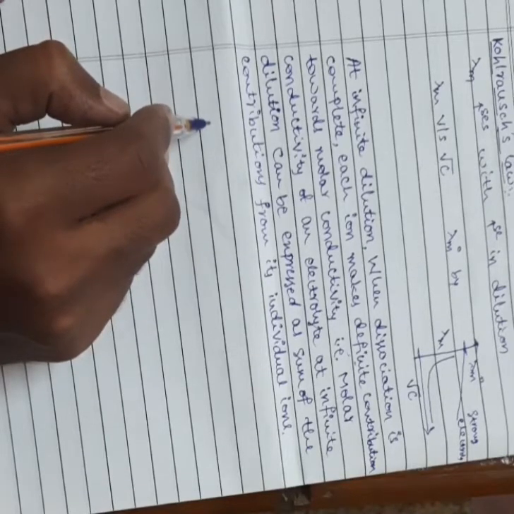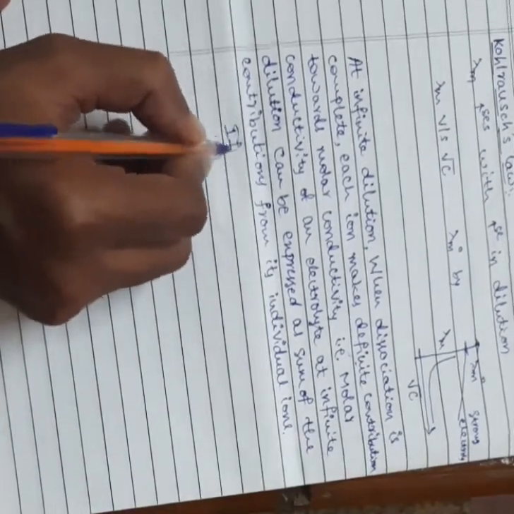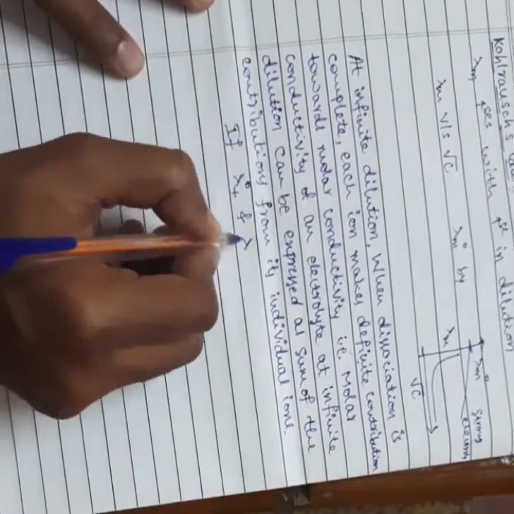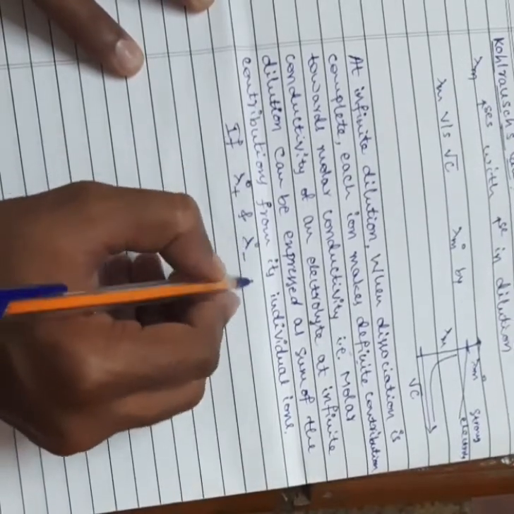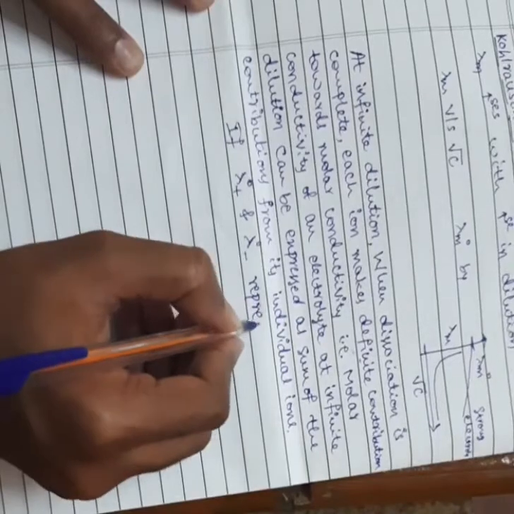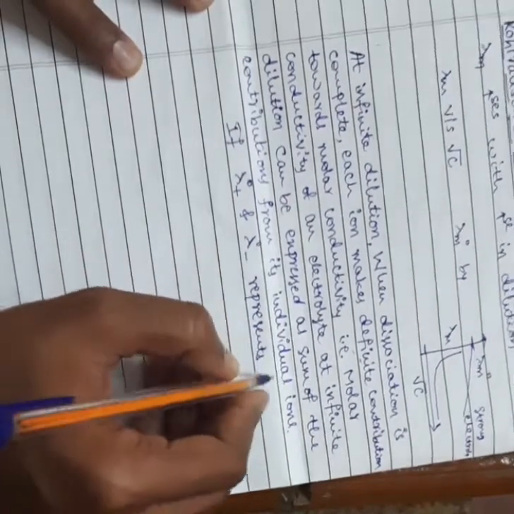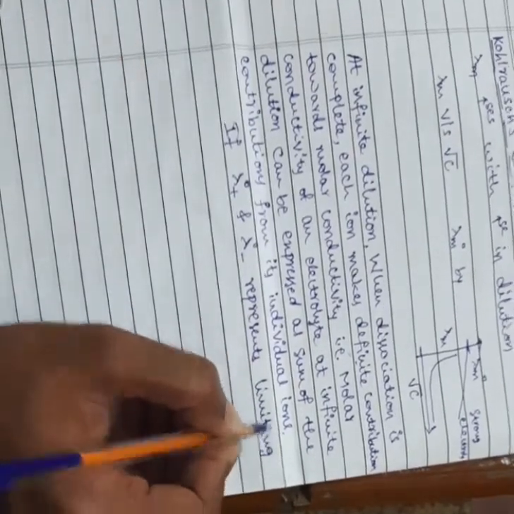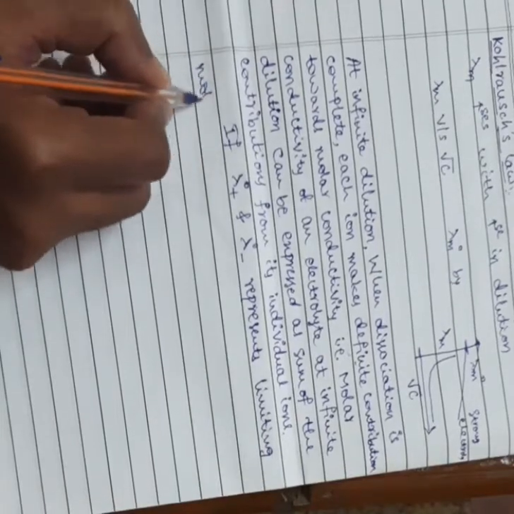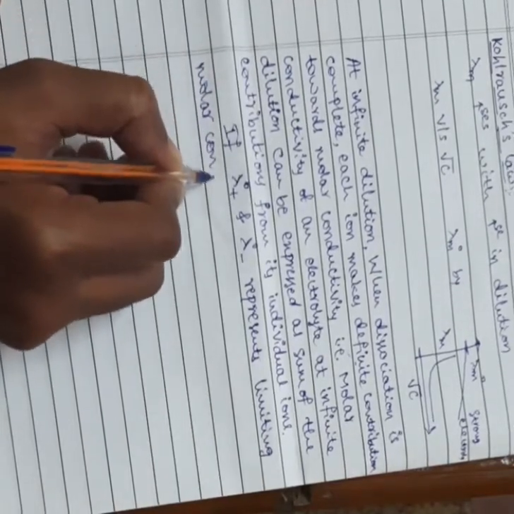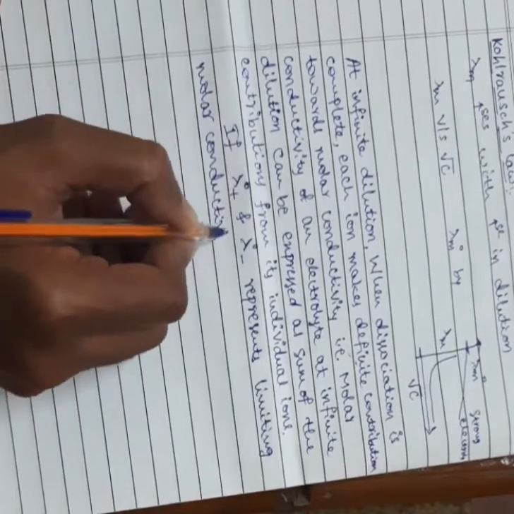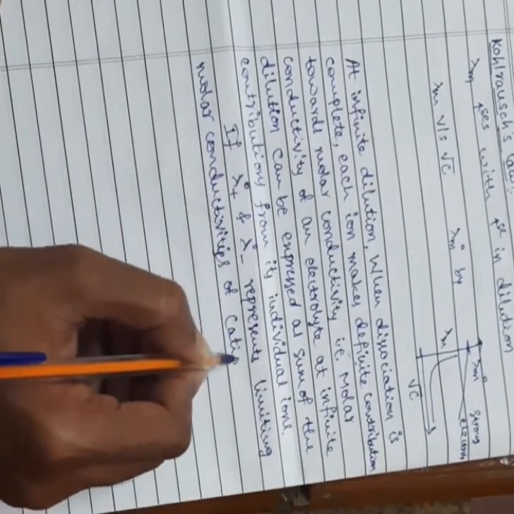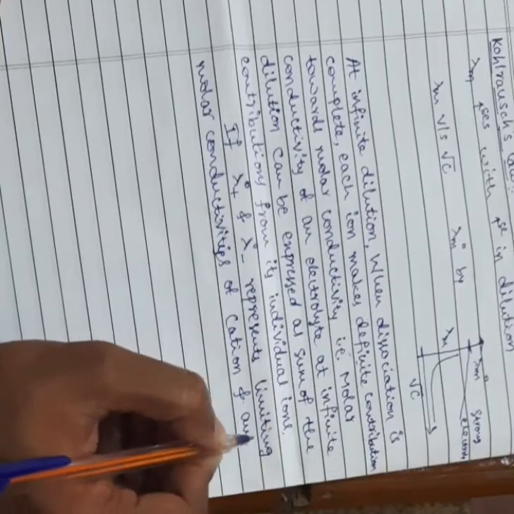Usually, lambda plus naught and lambda minus naught represent the limiting molar conductivities of the cation and anion respectively.